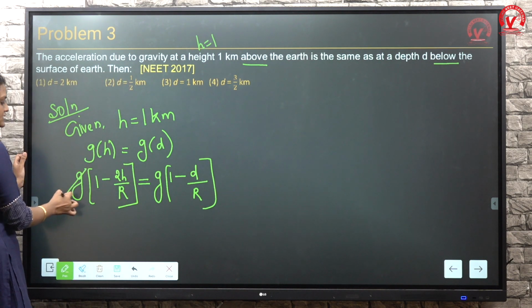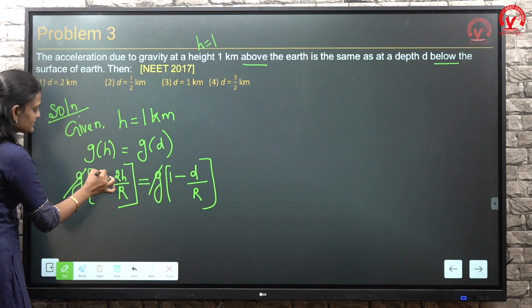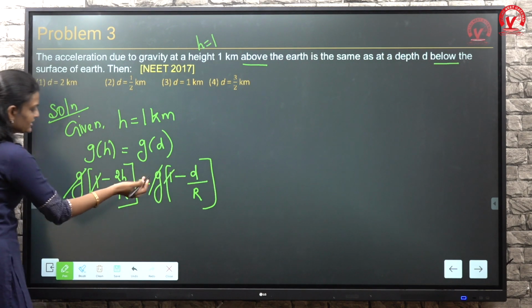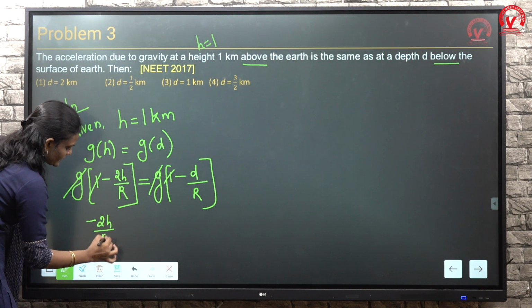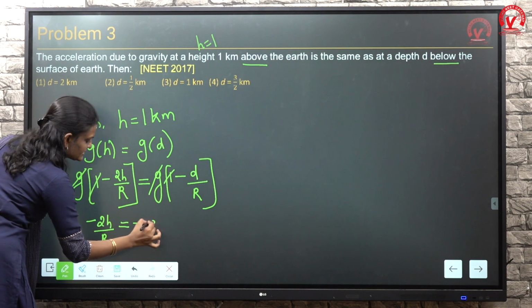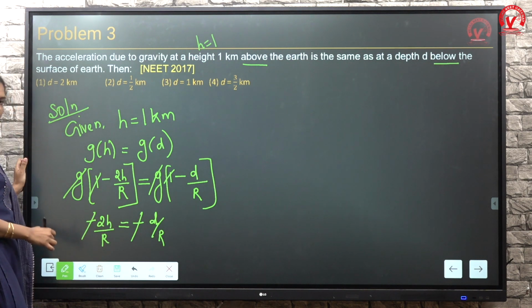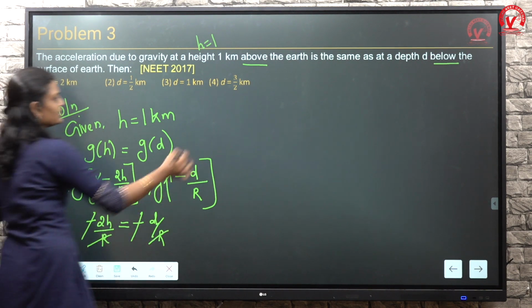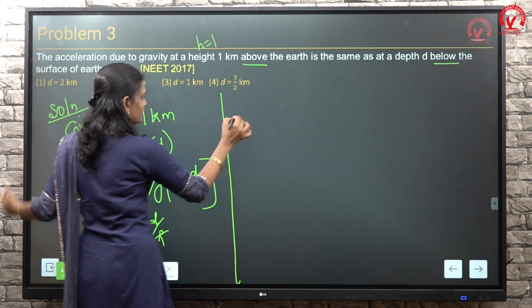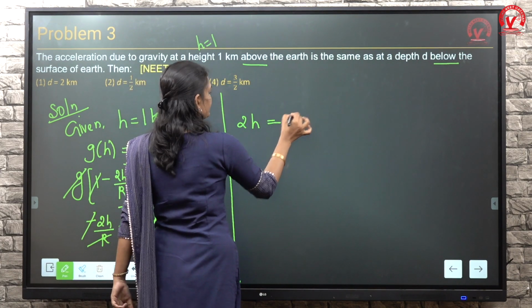Now g gets cancelled and 1 gets cancelled. This can be written as minus 2h by R is equal to minus d by R. The negative sign gets cancelled and R gets cancelled, so 2h is equal to d.